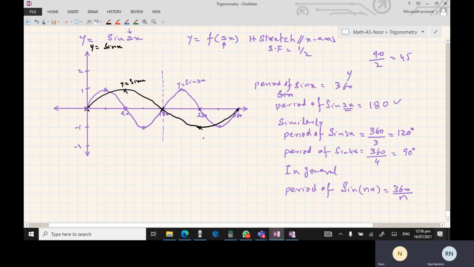If I write the working rule for horizontal stretch as we did in the transformation, if we follow that rule, the stretch factor is 1 over 2. We multiply the stretch factor with the x coordinate.